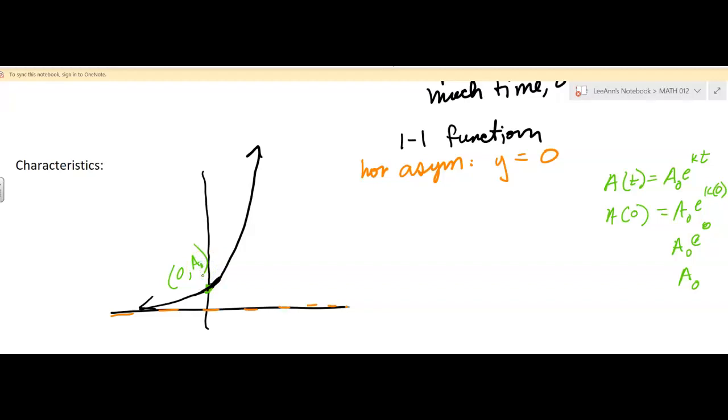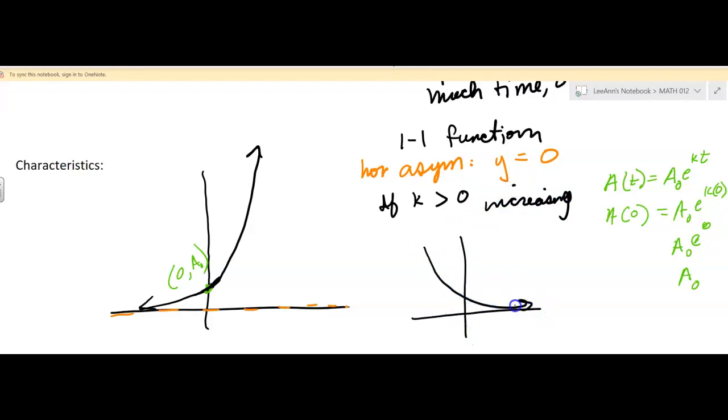All right. One more thing, if k is positive, if it's greater than 0, then it's going to be an increasing function, like the one I have drawn. If it's going this way, then that means k is less than 0. So here, k is less than 0, or negative, and then it is decreasing.